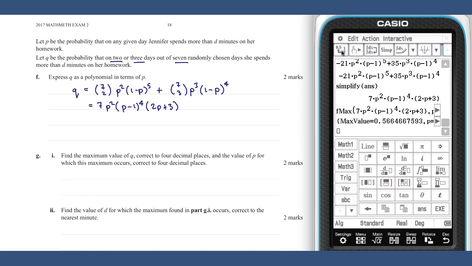This gives our maximum value of Q of 0.5665, and the corresponding value of P as 0.3539, both to 4 decimal places.